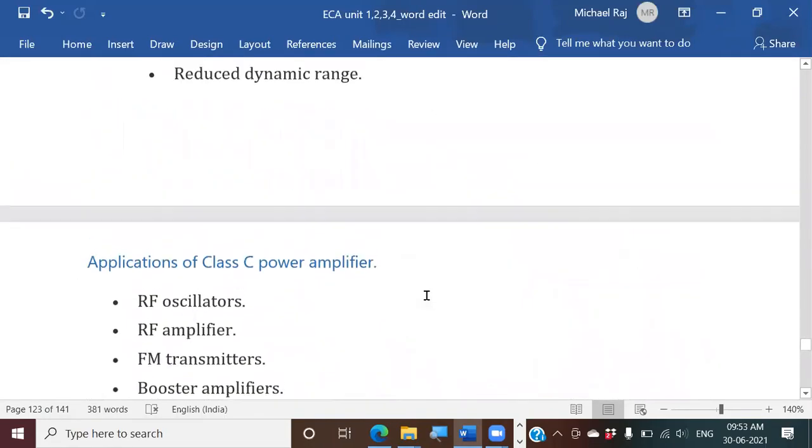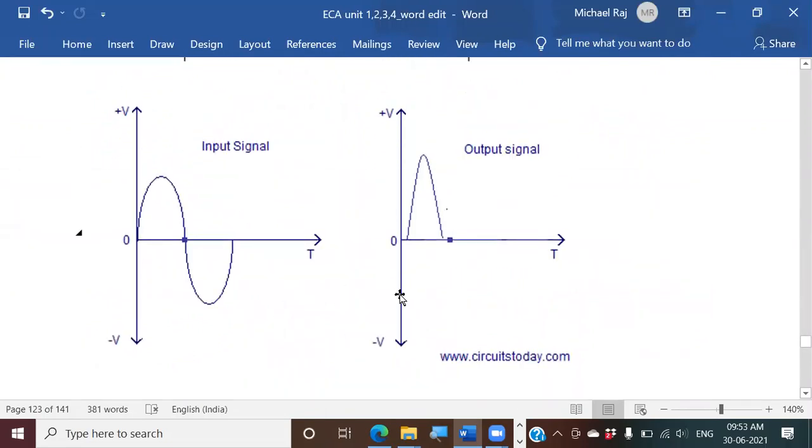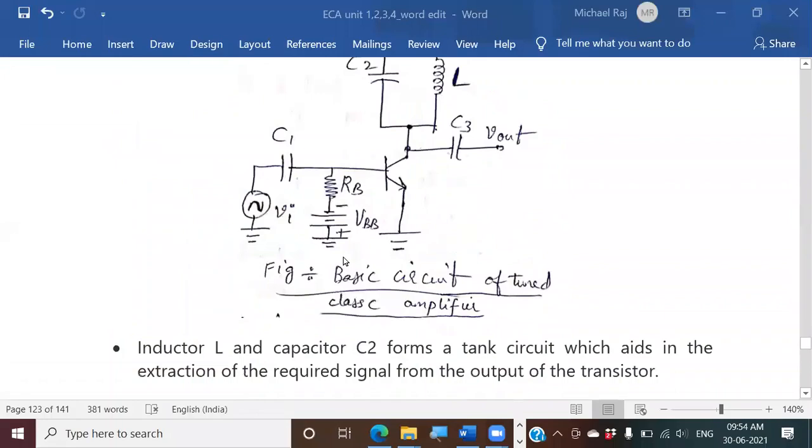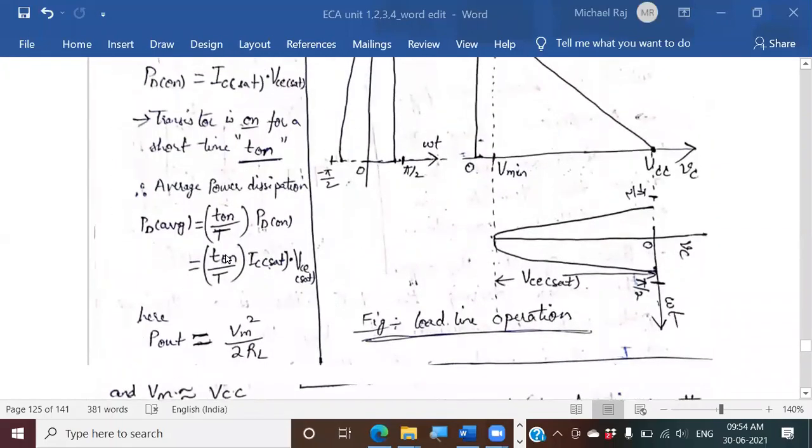To get the average power, we take only the power in this duration that we just calculated. This duration divided by the total time period, into the PD on that we have just got. So T on by T into PD on.